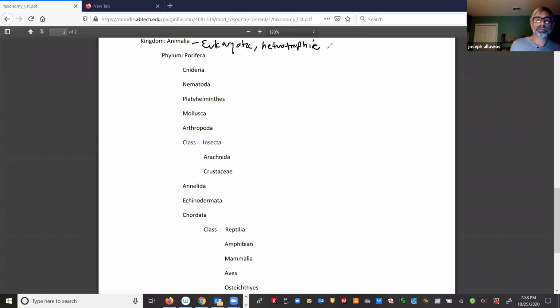And if you recall, there's an organelle that's missing in animals that's present in pretty much all the other groups. No cell wall, right? So that eukaryotic heterotrophic no cell walls is a dead ringer for Animalia. What are these things? Porifera are the sponges. Oh, they're exciting. You may not have even known a sponge was an animal, but it is.